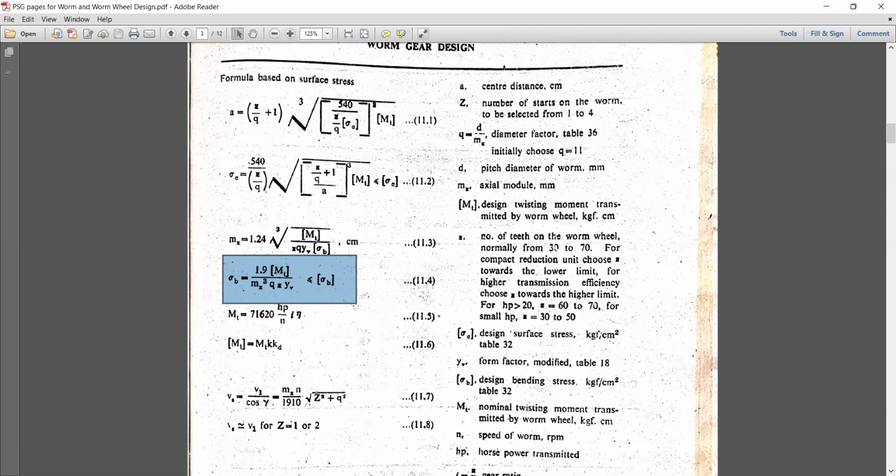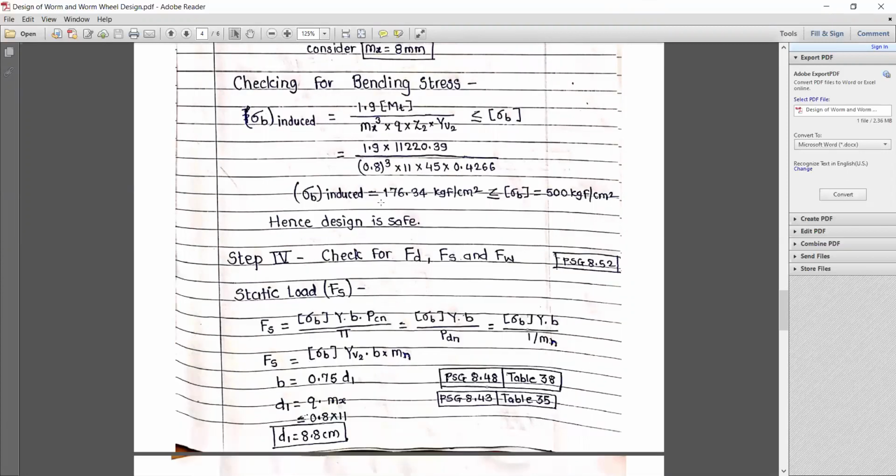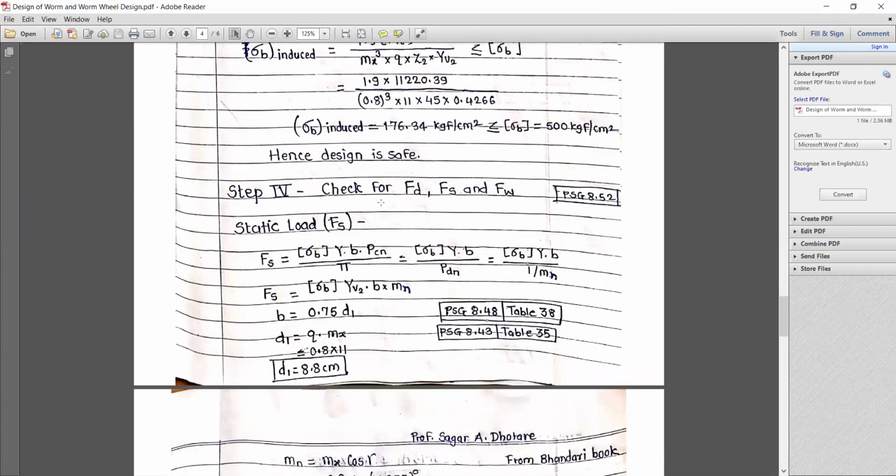After putting all the values in the equation, we get that the induced sigma b is 176.34 kgf per cm square, as our design sigma b is 500 kgf per cm square. Hence the induced is lesser than the design. Our design is safe.